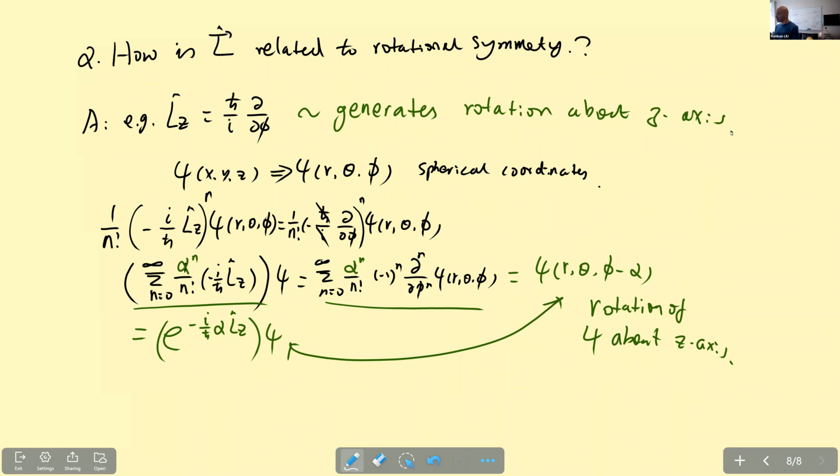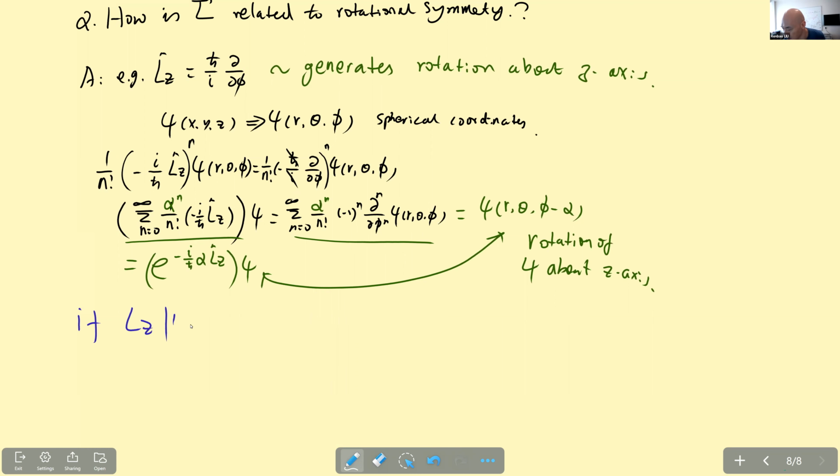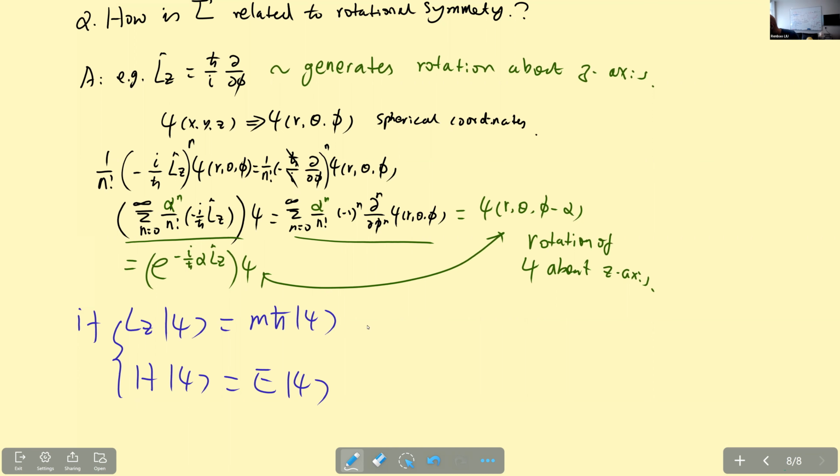Okay. So suppose you have a state that's an eigenstate of Lz and also an eigenstate of the Hamiltonian. So if Lz acting on psi equals a constant, let's say m h bar, times psi. Look at this, right?